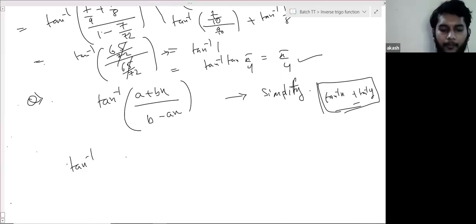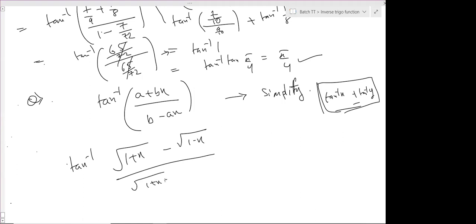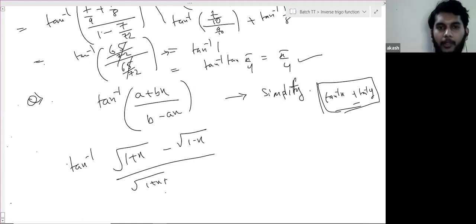Tan inverse 1 plus x under root, this one, right? No, sir. The previous one, not this one. One question was there: sine inverse sine pi by 3. That type of questions. All right.